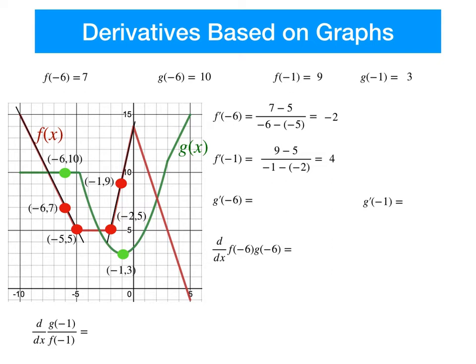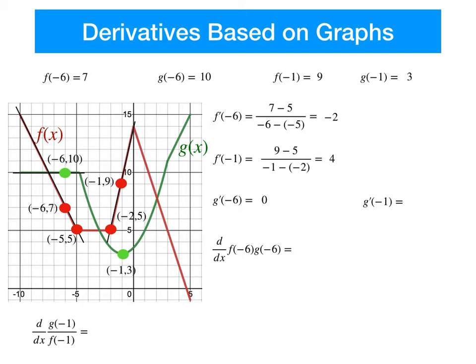All right, now how about g prime of negative 6? What is the derivative of g of x when x equals negative 6? We try to locate this point. Negative 6 right here is on a straight line, and we know that this is a horizontal line. So the slope of the horizontal line is just going to be 0.